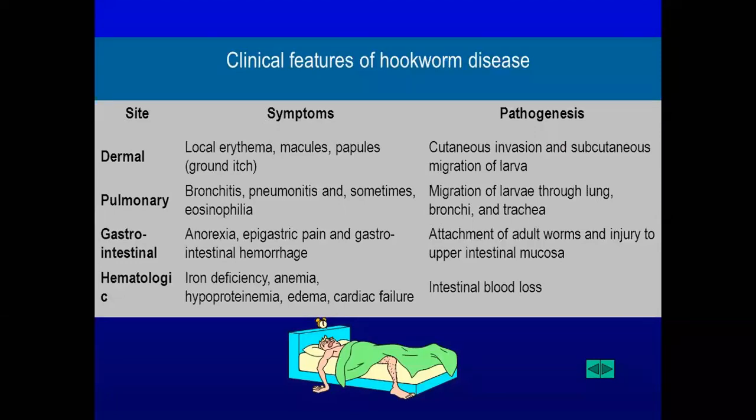Gastrointestinal features can present with anorexia, gastric pain, GIT hemorrhage, attachment of adult worms, and injury to the upper intestinal mucosa. Hematological, it can cause iron deficiency anemia, hypoproteinemia, edema, and protein loss. It could be intestinal blood loss, which is also impacted.